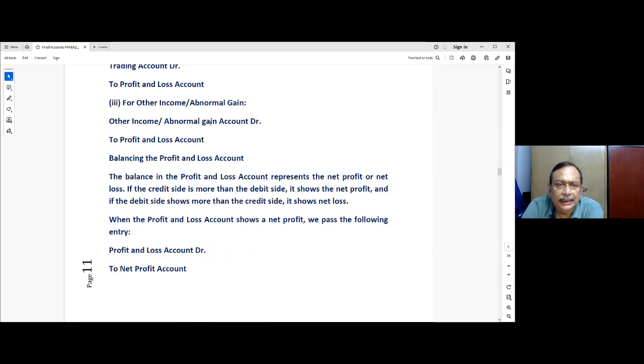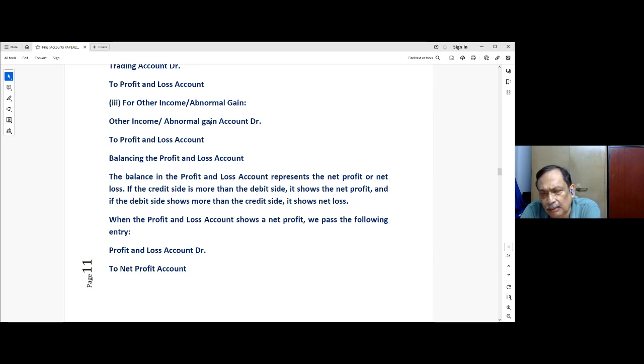Then comes balancing the profit and loss account. The balance in the profit and loss account represents the net profit or net loss. If the credit side is more than the debit side, it shows the net profit, and if the debit side shows more than the credit side, it shows net loss.